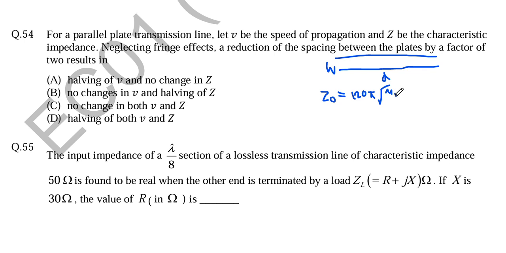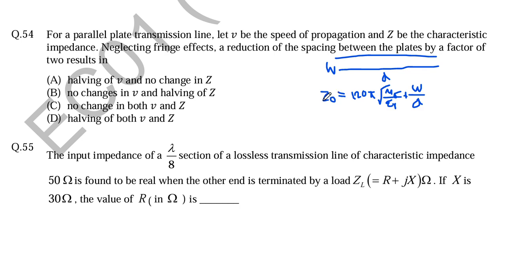Mu r is the relative permeability, and epsilon r is the relative permittivity. This is multiplied by w, which is the spacing between the two parallel plates, divided by d, which is the length of the transmission line.